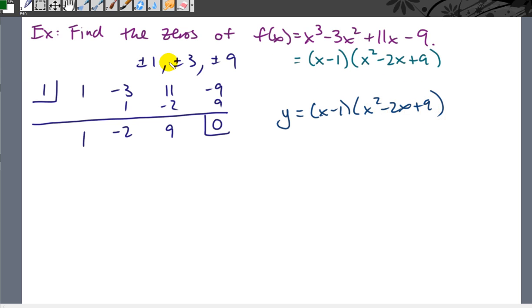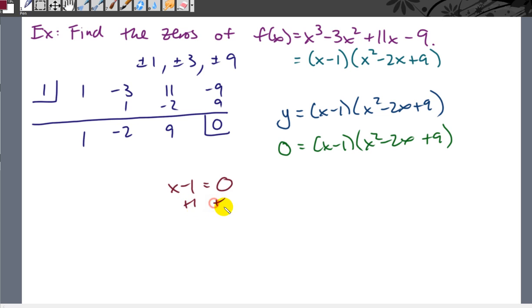To find our zeros or x-intercepts, we need to set y equal to 0. So 0 equals x minus 1 times x squared minus 2x plus 9. If we set the factor x minus 1 equal to 0 and add 1 to both sides, we get x equals 1.